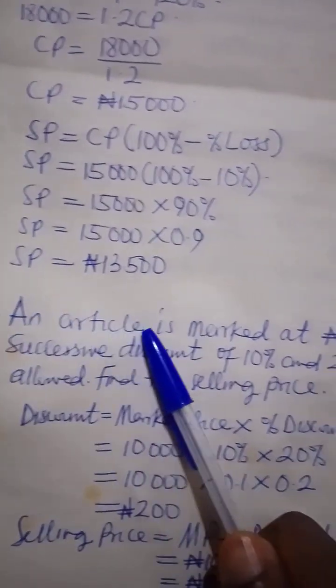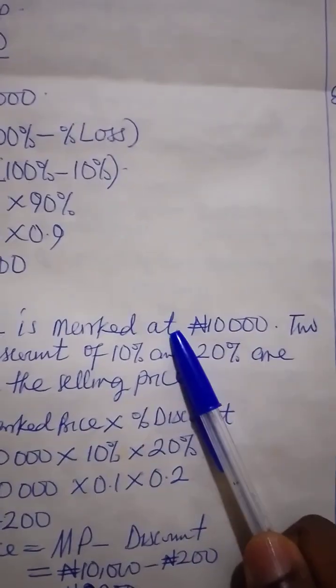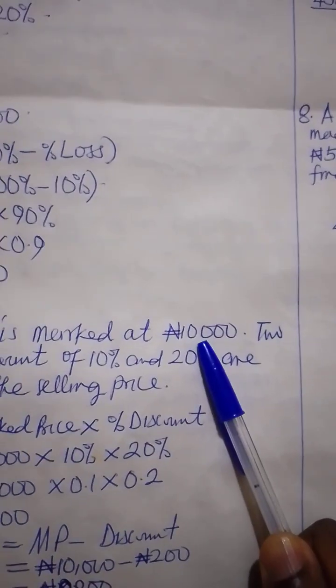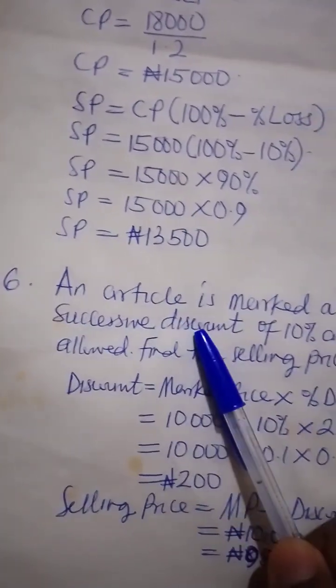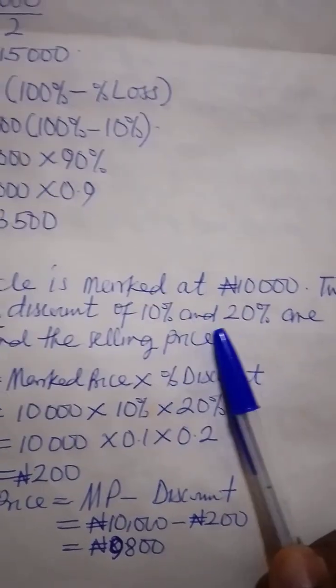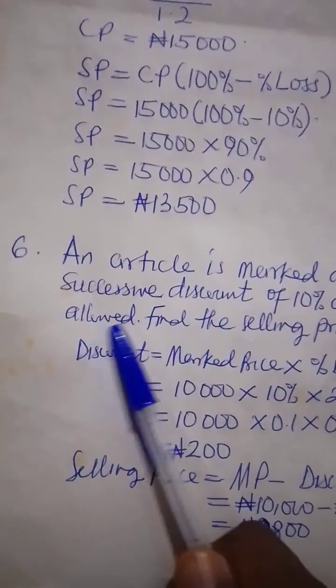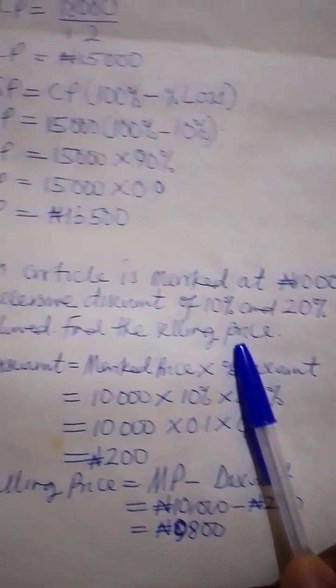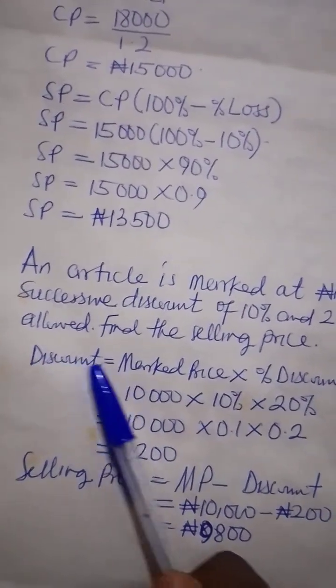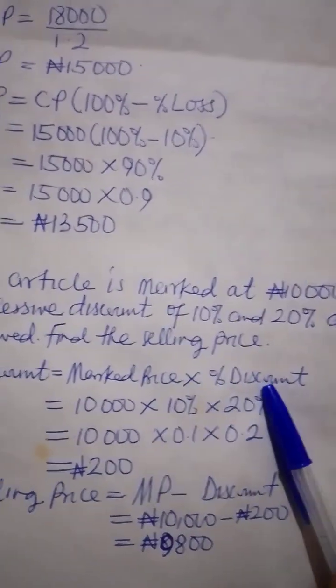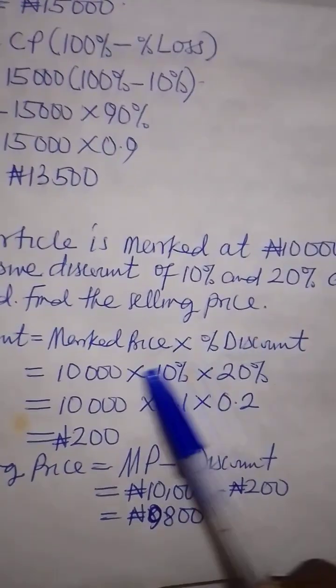The last question now, number 6. An article is marked at 10,000. 2 successive discounts of 10% and 20% are allowed. Find the selling price. Of course, our discount is marked price times percentage discount. Our marked price is 10,000.